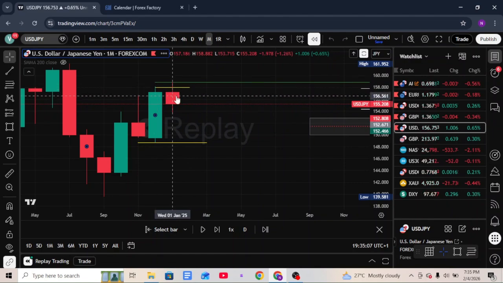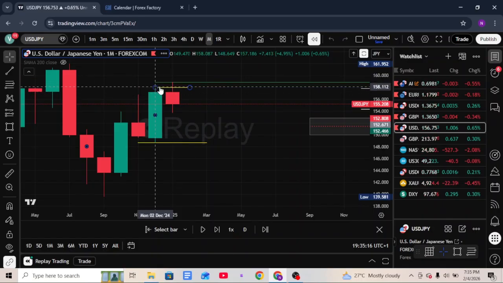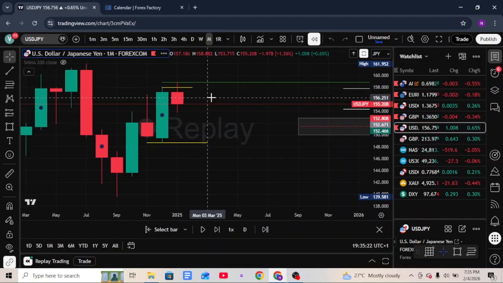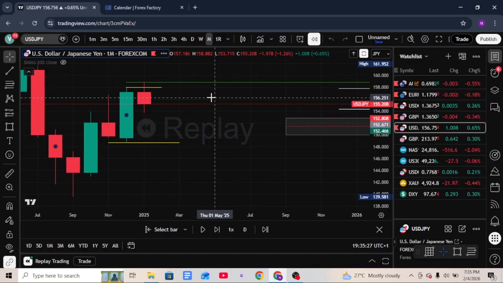I want to see the delivery happen on the daily. Now, please mark out what I just said. When you see something like this, when the market has taken out a high or a low, you want to see a change state of delivery happen on the daily, right?